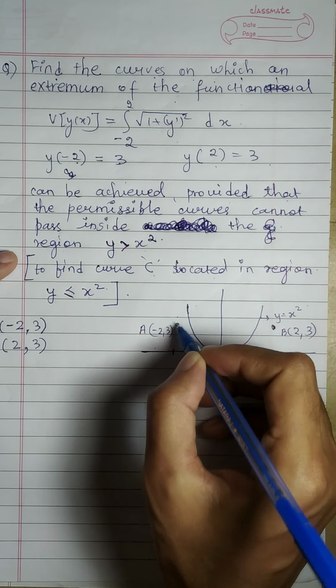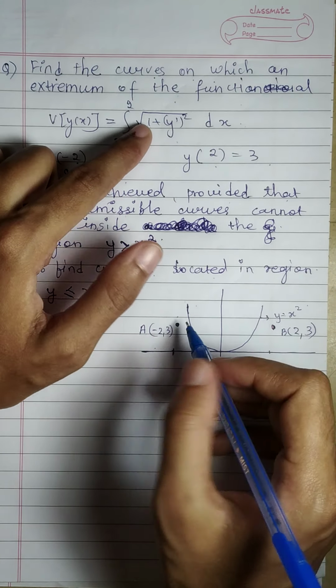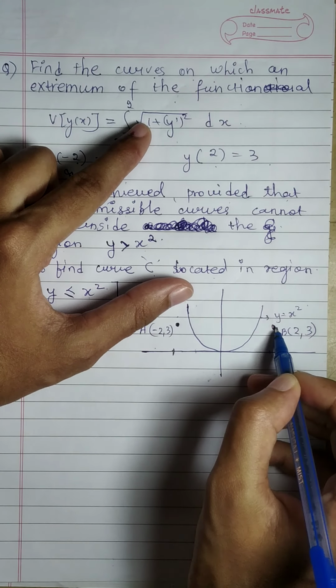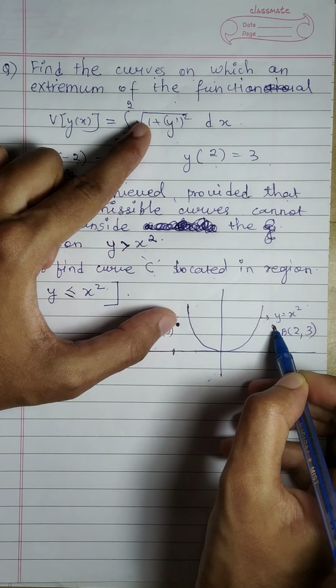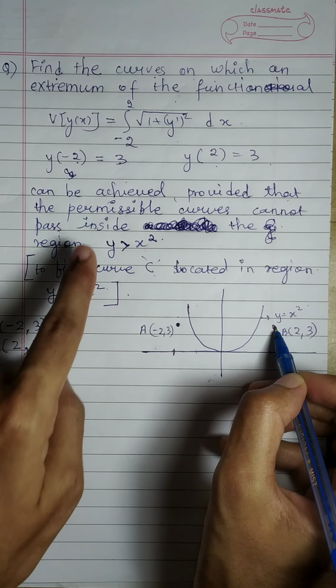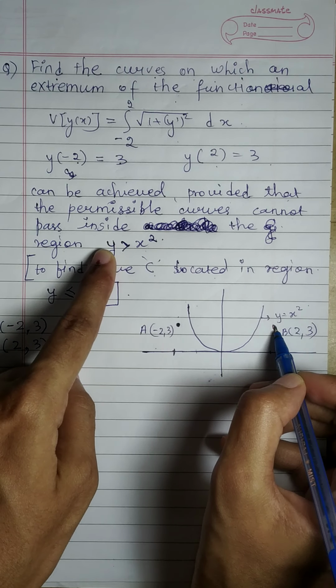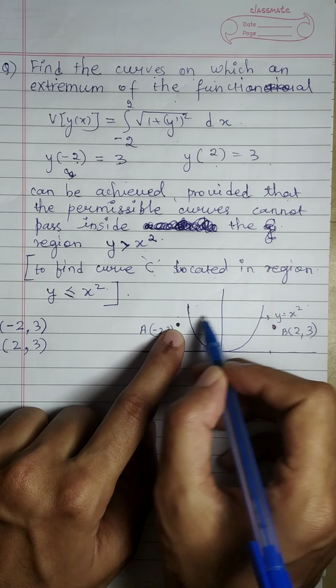And this functional tells us that we want to find the shortest distance. If you see, it will be a straight line, but if we consider this as our extremal, then we will not satisfy this condition, that our extremal curve, meaning the permissible curve, should not pass through this region.